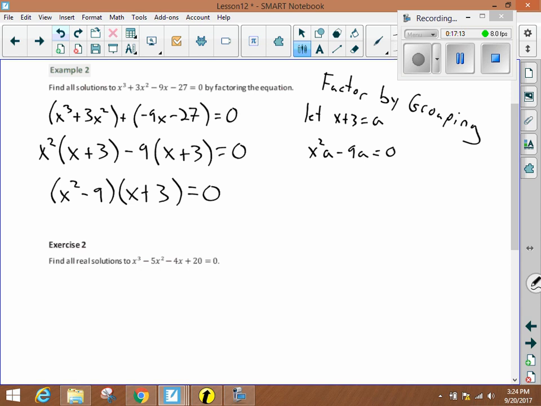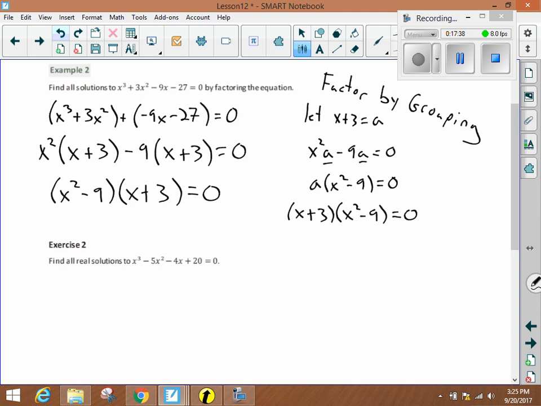Imagine that, right? So can't I factor an a out and call this a times x squared minus 9? That's how factoring by grouping works. And we said a was x plus 3, right? So I wind up with x plus 3 times x squared minus 9. That's what's happening when you're factoring by grouping.